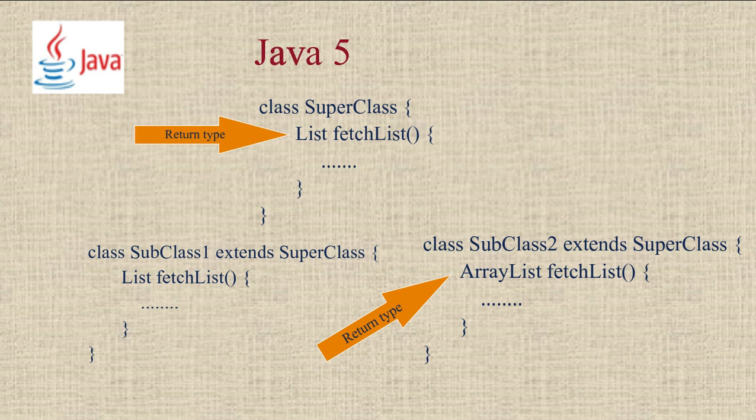In subclass, while overriding this method, we can provide the same list type or the subtypes will be allowed. That means in subclass it will allow array list or linked list or vector, because these are the subclasses for list interface. While overriding a method, the return type could be same type or it could be subtypes.